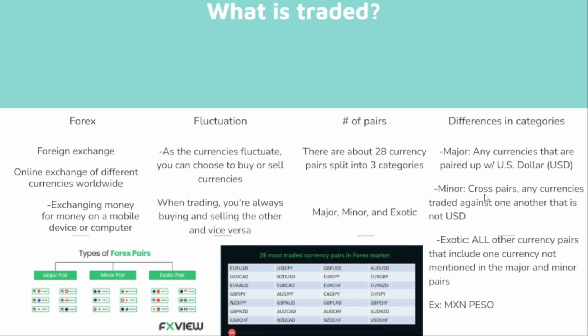Those are all minor pairs because they're still currencies, but there's no US dollar in them. And remember, there's only two currencies per pair. There's never going to be a JPY/AUD/USD. So these top ones are major, major, major, and then minor, minor, minor, and you get the idea.